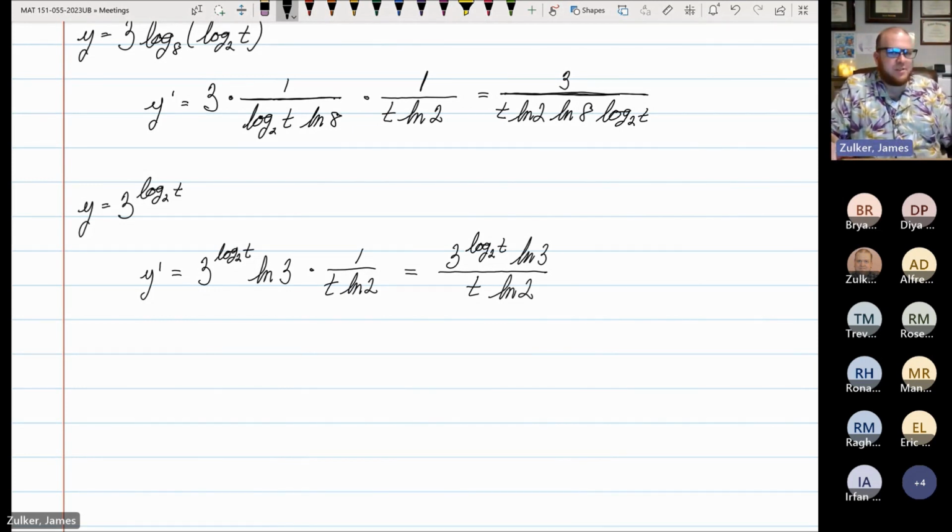Are there any questions on the exponential and logarithmic functions?